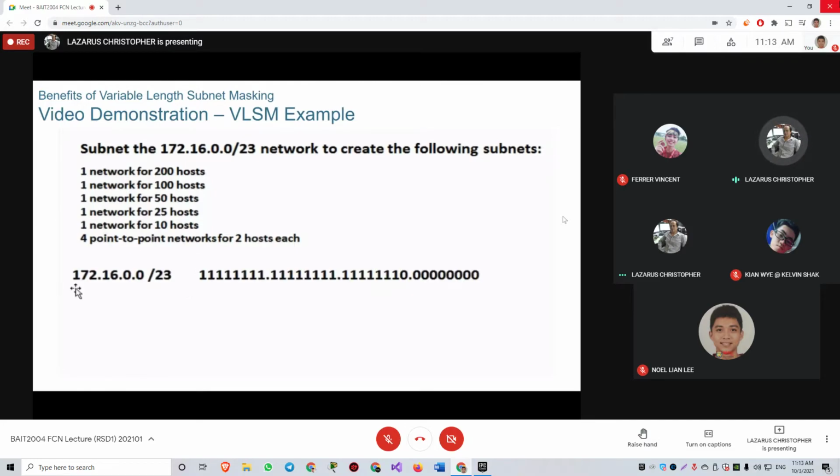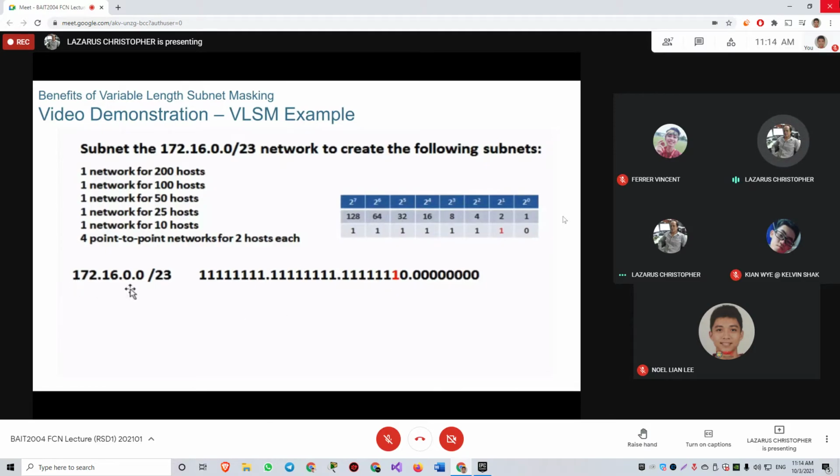By writing out the network and the subnet mask in binary, we see that we have a /23 subnet mask. Here are 23 ones in binary. The last bit is in the 2's place. If we look at this 8-bit grouping in the 3rd octet, we see that the last one is in the 2's place. That means the subnets would go up by 2.